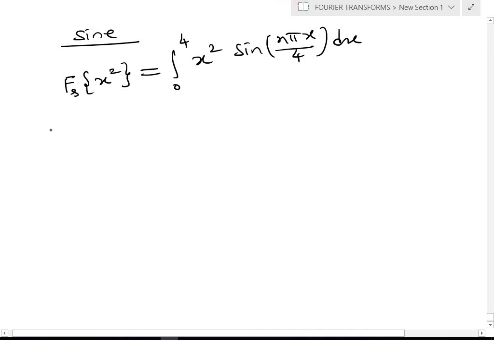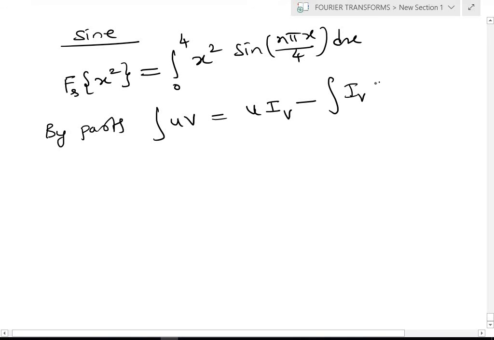That integration by parts formula we know very well: integral of uv is u into integral of v minus integral of the integral of v and the differentiation of u. Okay, so this is the formula. So I require the integration of v, here I am taking this as u and this as v.